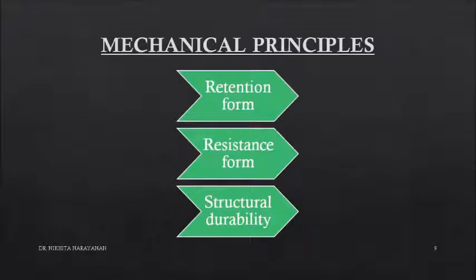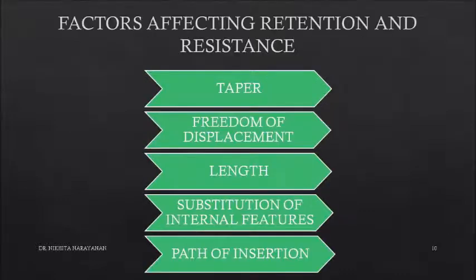Various mechanical principles involved in the fixed prosthodontic therapy are retention form, resistance form and structural durability. Factors influencing retention and resistance are taper, freedom of displacement, length, substitution of internal features and path of insertion.